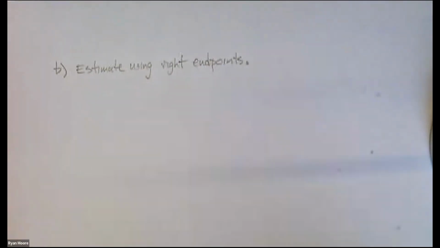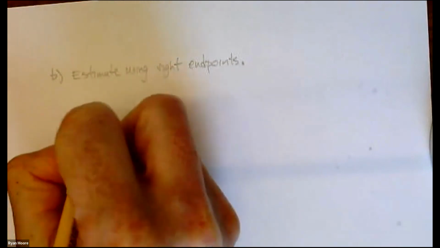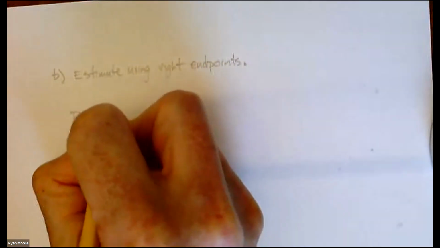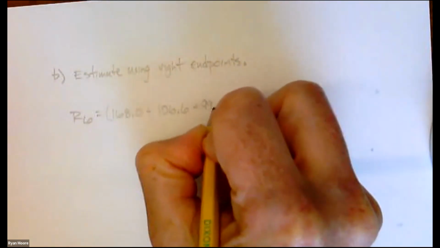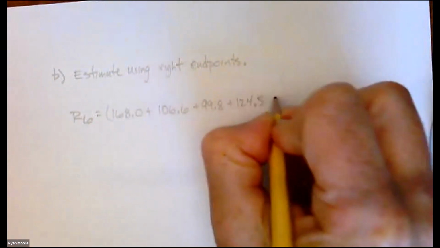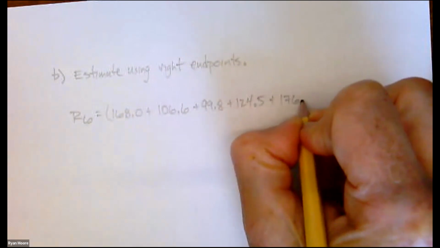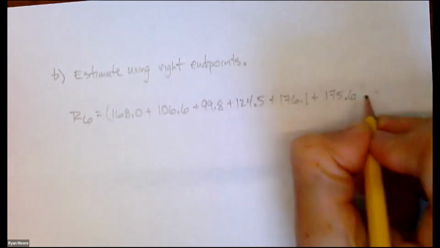The second rectangle, its height is there. So we can add all of these up. We're going to call this R6. It's going to be 168.0 plus 106.6 plus 99.8 plus 124.5 plus 176.1 and plus 175.6.